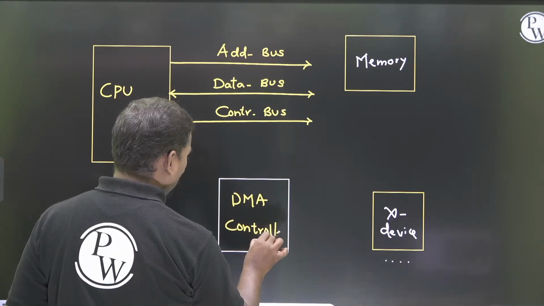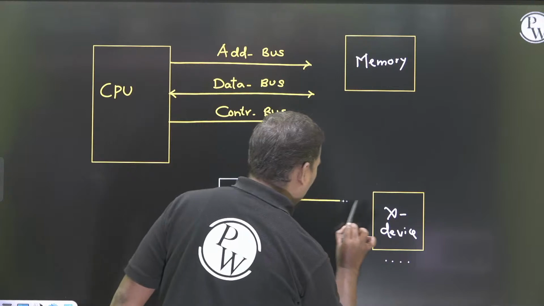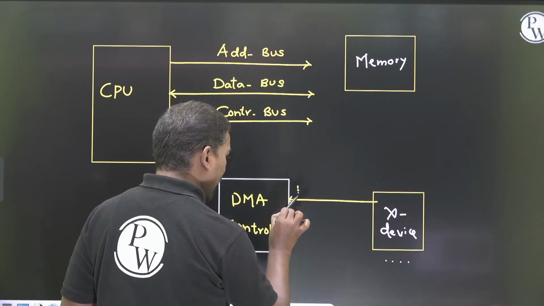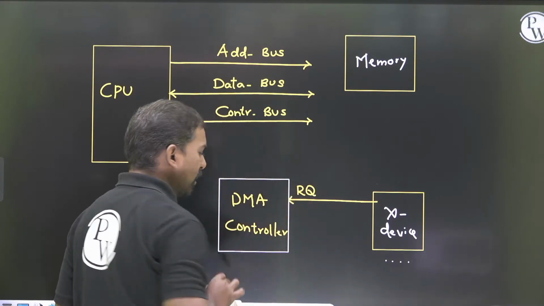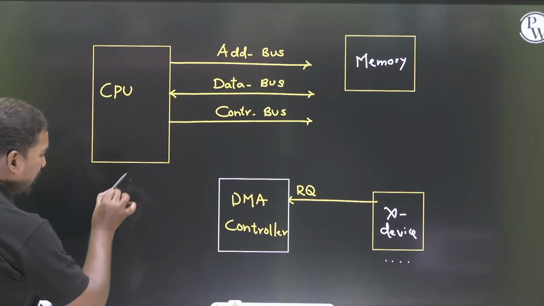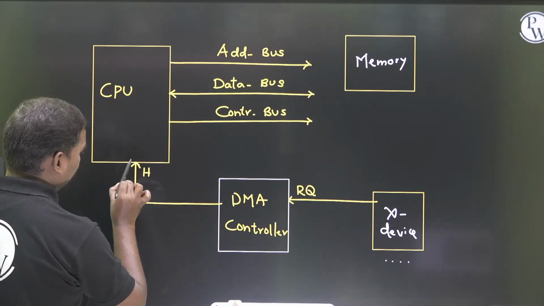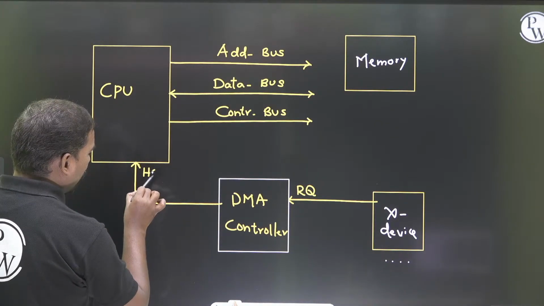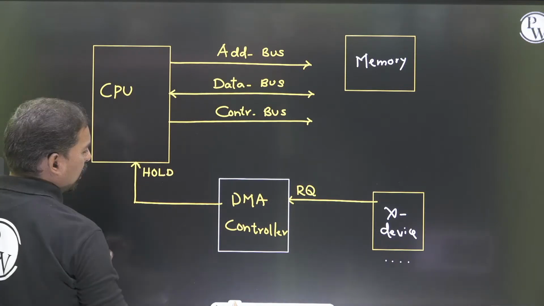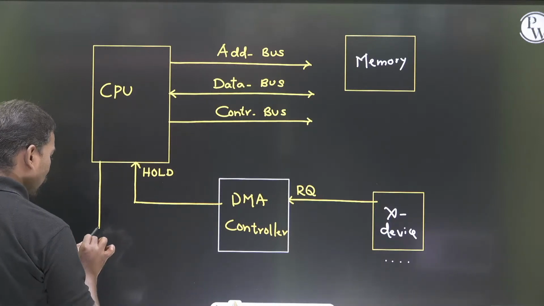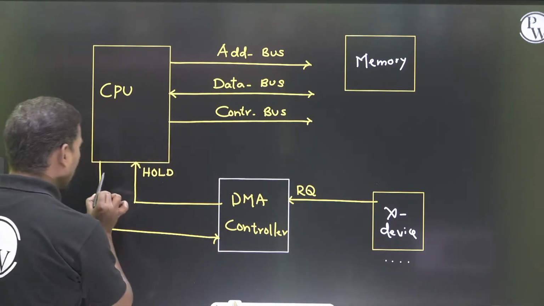Whenever this X device has some data to send, first it sends a request signal to the DMA controller. Then the DMA controller sends a hold request signal to the processor. If the processor is free, it will send an acknowledge signal.